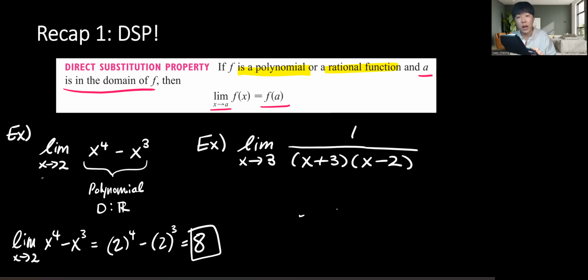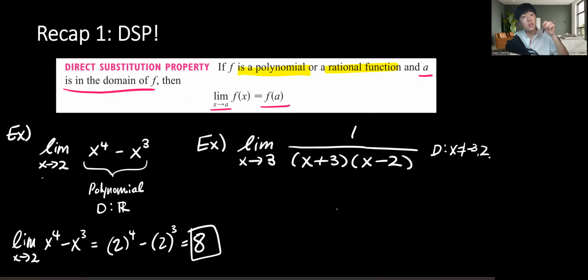And same thing for the rational function, right? For this rational function, the domain is very simple: x cannot be -3 or 2. But our x is approaching 3, and 3 is in the domain of this rational function. So since the function is a rational function, and second, 3 is in the domain of the function, we can use the direct substitution property.